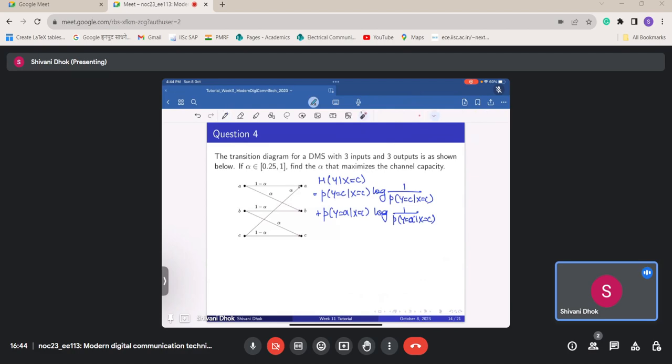And why are we having it like this? Because the c can either be received as a or the c can be received as c. That's why this y can take only two values, that is c and a.